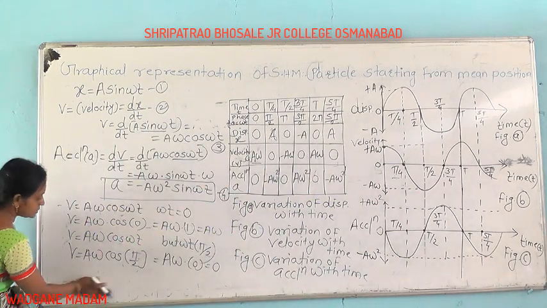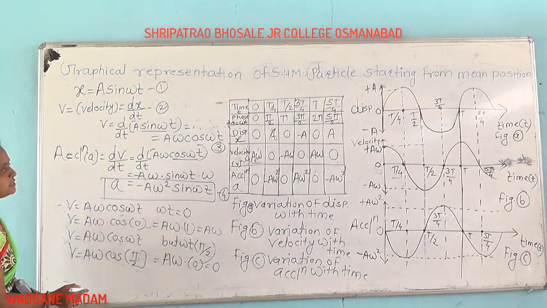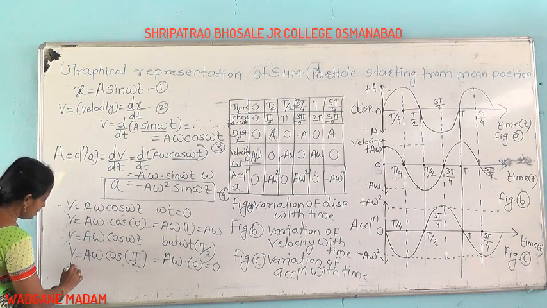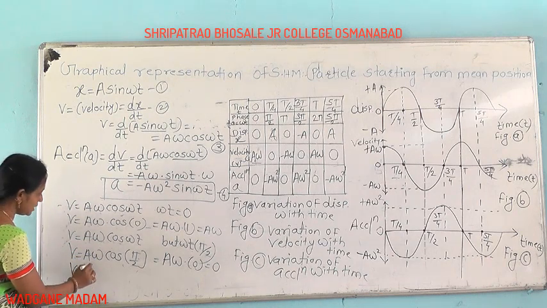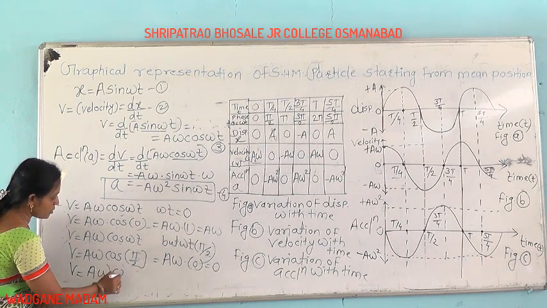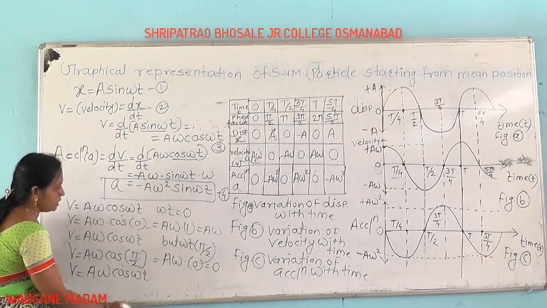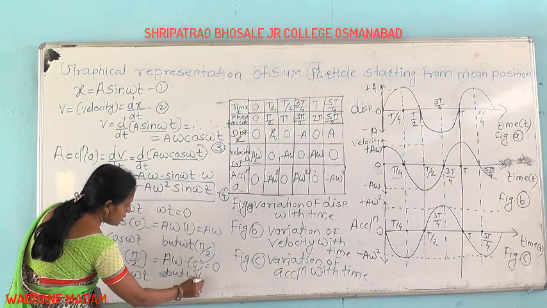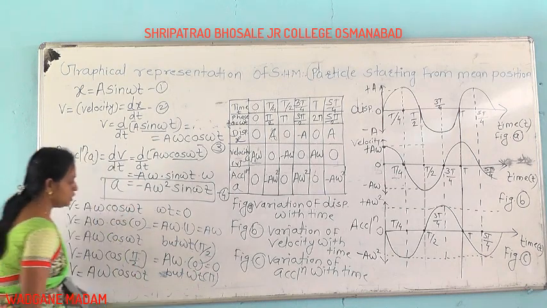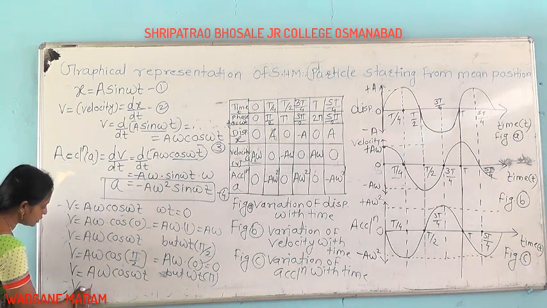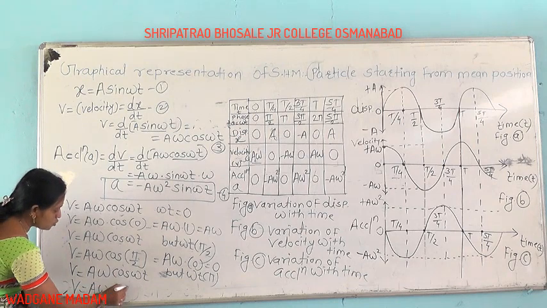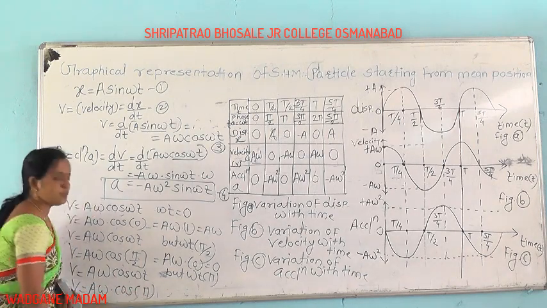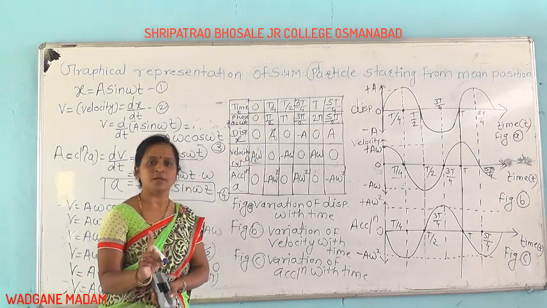After that, third, we consider the time interval T by 2 and phase pi. Then v is equal to a omega cos omega t, where omega t is pi. We know that cos pi is minus 1.